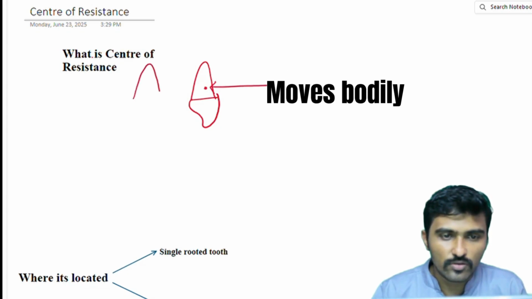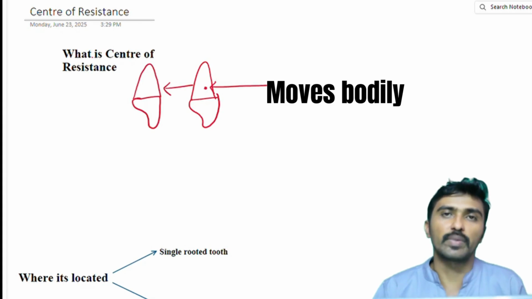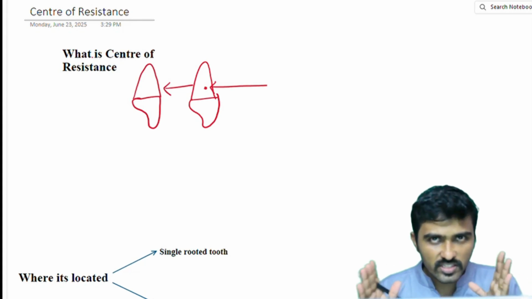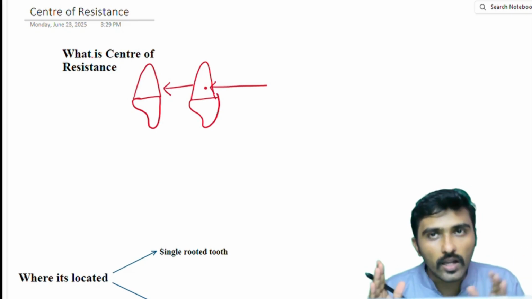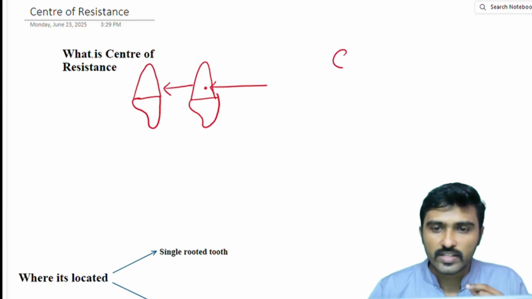When we apply a force in this direction, the tooth just moves bodily without any tipping. There is no tipping, no rotation. Just the crown and root move in the same direction along the direction of the force. That particular point is called the center of resistance.